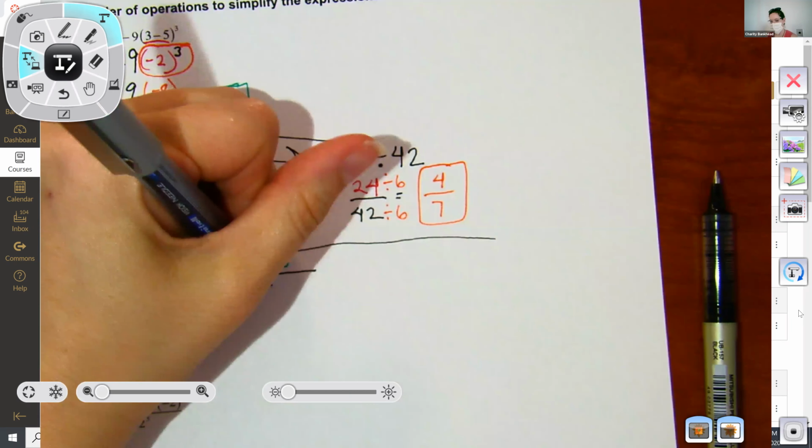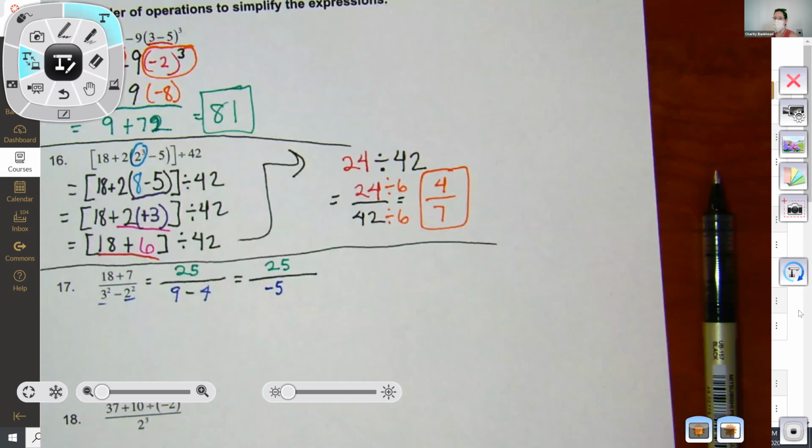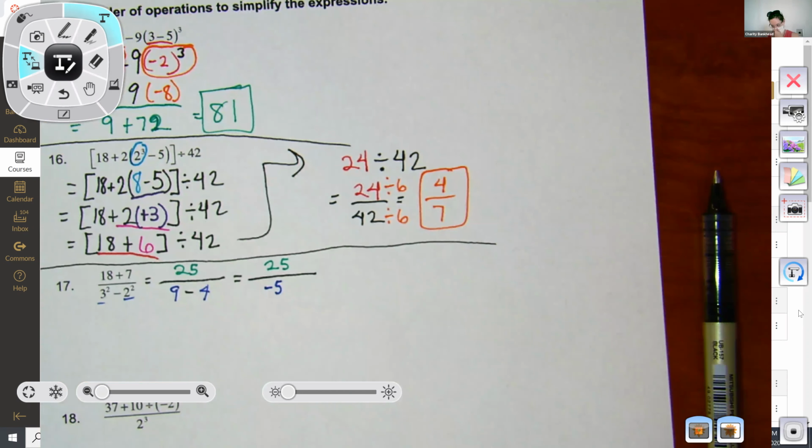All right, so now we have 25 over -5, which is another way of saying 25 divided by -5. So it's basically 25 divided by -5, it just equals -5. Oh, I don't know why I keep doing that.